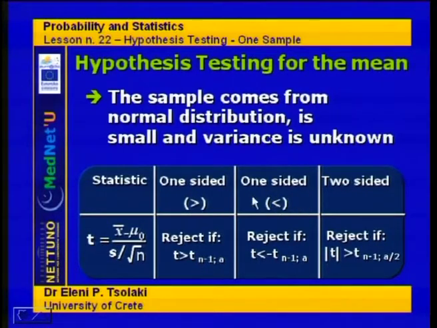For the less test, we reject the null hypothesis if t is less than minus the point of the t-distribution. For a two-sided, again, we take the absolute value of our statistic and compare it with the point of the distribution. If it is greater, we reject the null hypothesis.